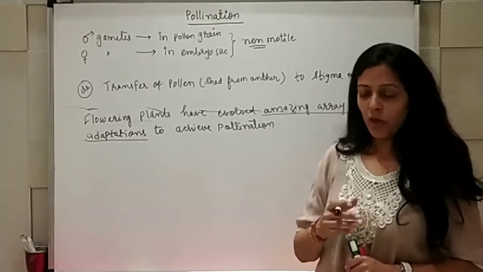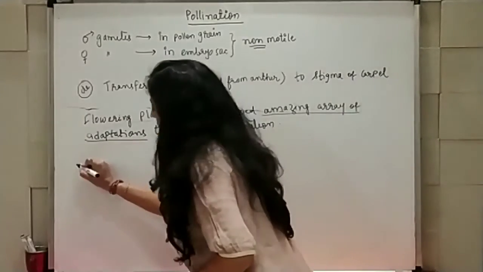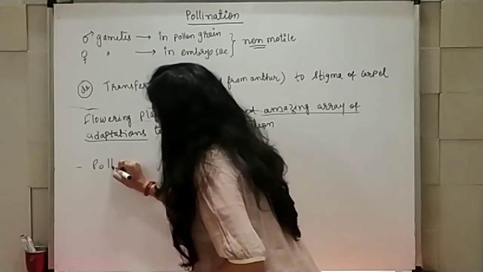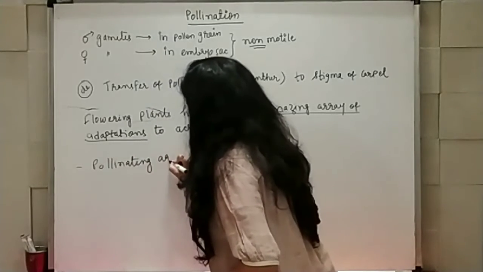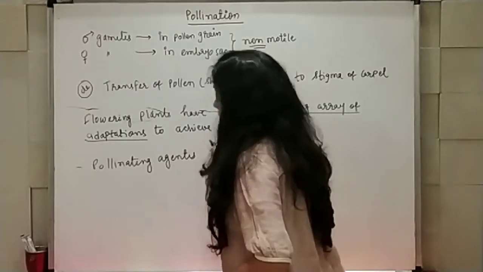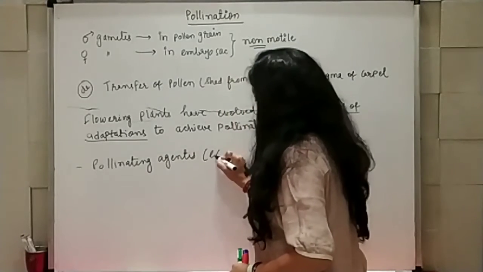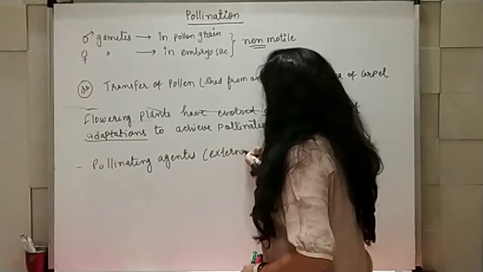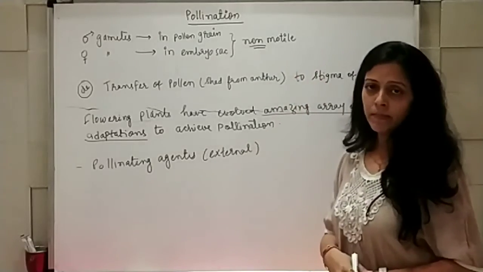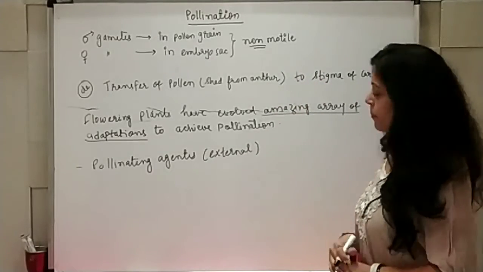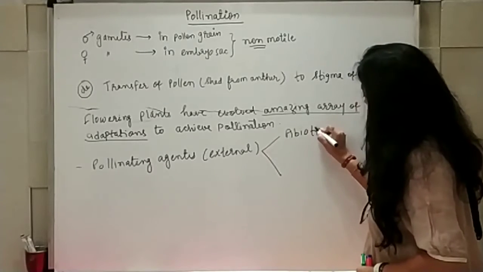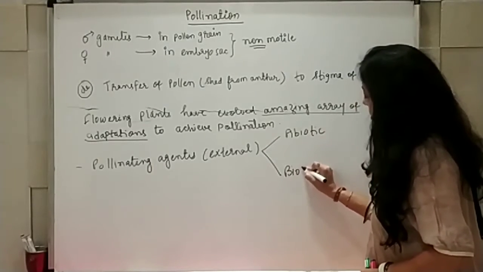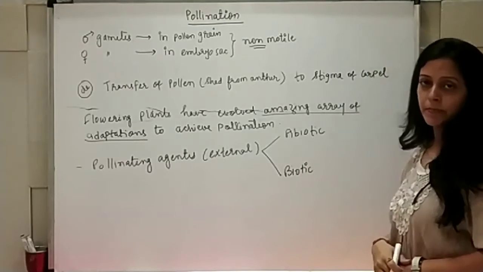successfully. And for that, they are going to use several pollinating agents, which can be external as well. So, external pollinating agents are mainly of two types, abiotic and biotic pollinating agents.